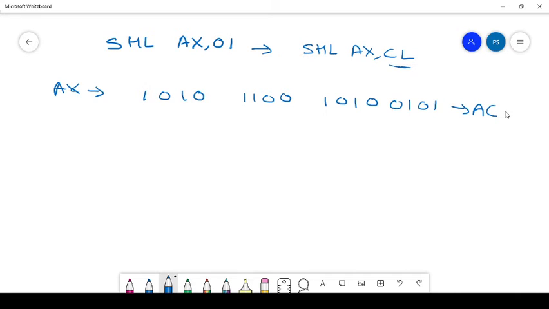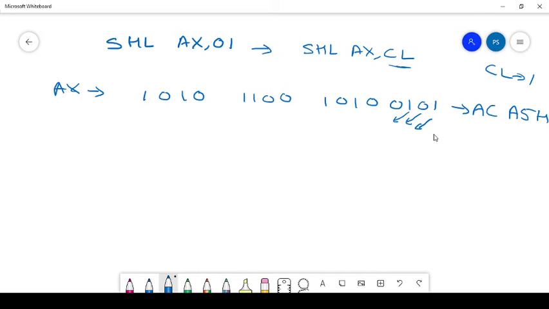As per the instruction, this instruction shifts the operand word or byte, so this is an operand word, bit by bit to the left, and inserts 0 in the newly introduced LSB. So 1 will be shifted left.